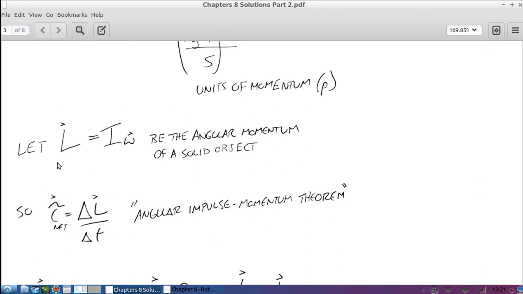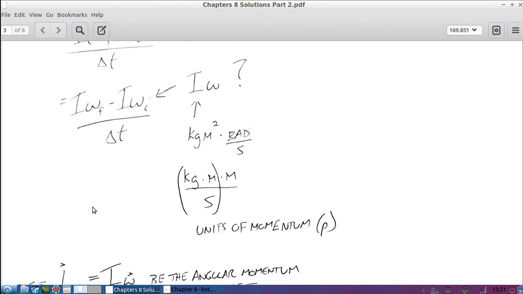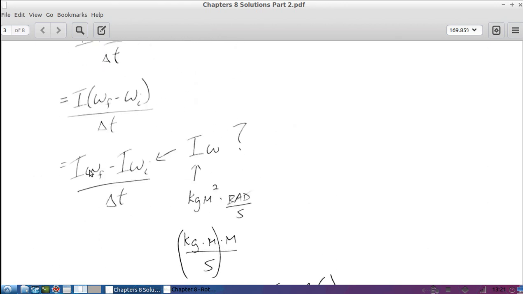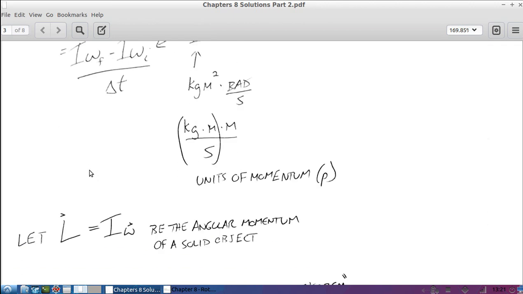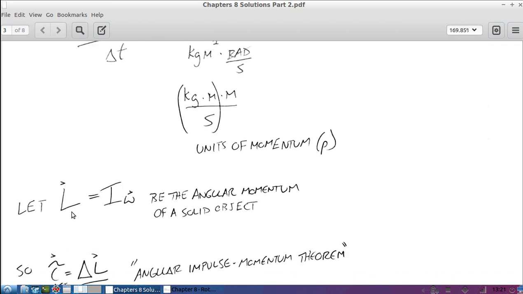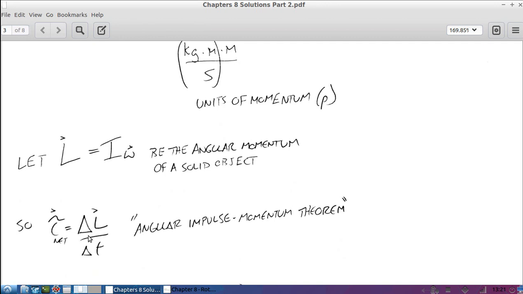Okay, so for any object whose momentum is changing, I took this I omega and I am now calling it L. So this is another form of Newton's second law for rotational motion: the net torque on an object is its change in angular momentum with respect to time.